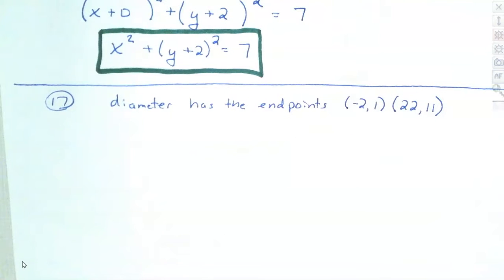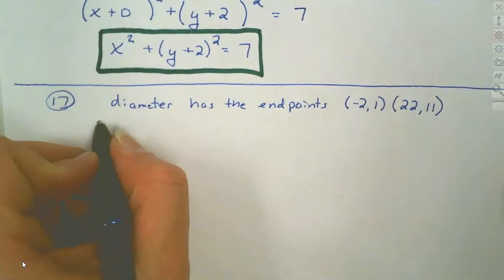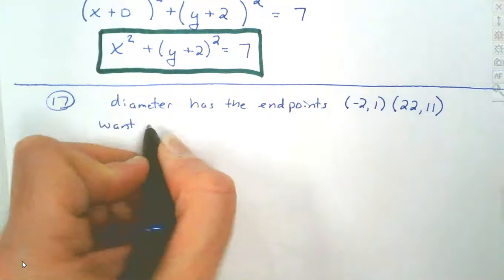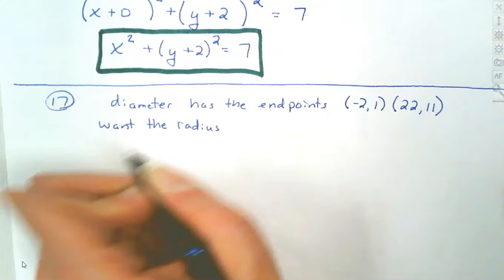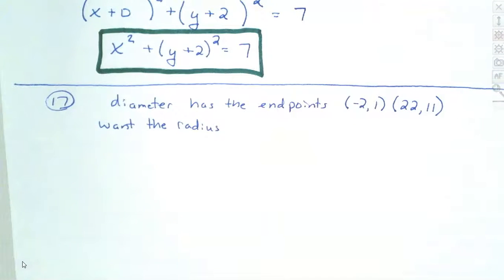Now, we want the radius. So what is the radius? The radius is the distance from the center of the circle to the outer edge, right?